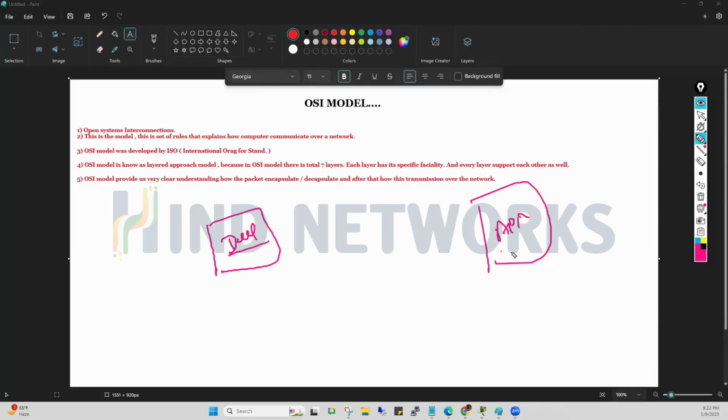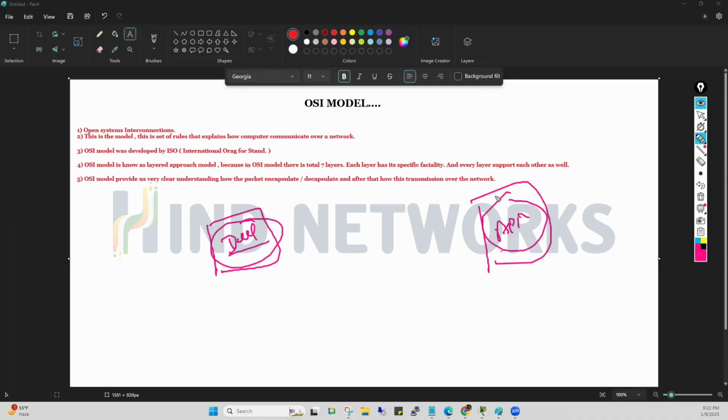At that time, the problem was that communication between Dell and Apple was not possible. It means that at that time, every manufacturer had its own monopoly in the market. Getting my point?